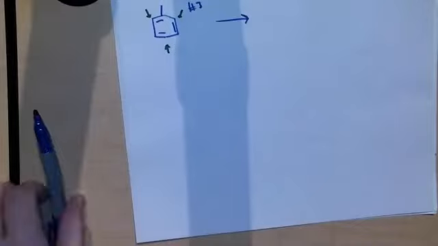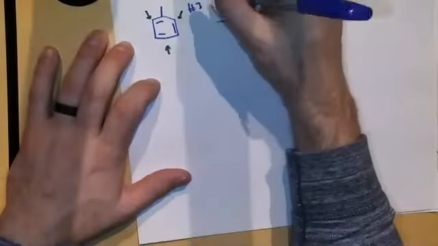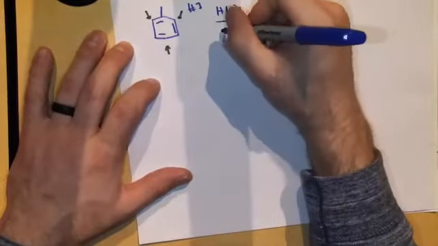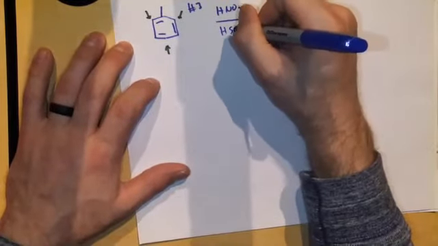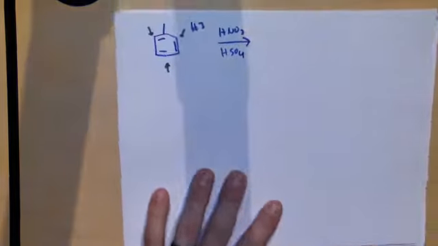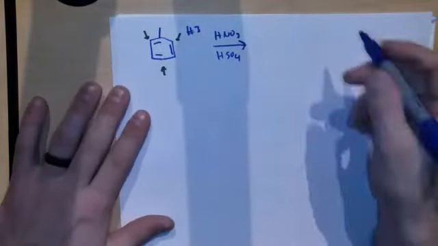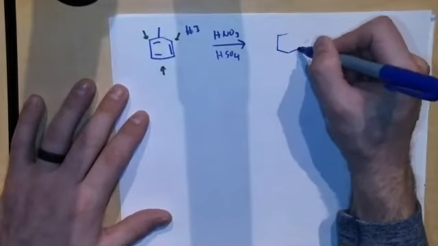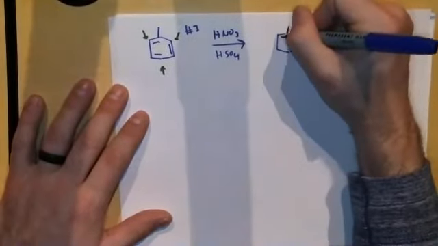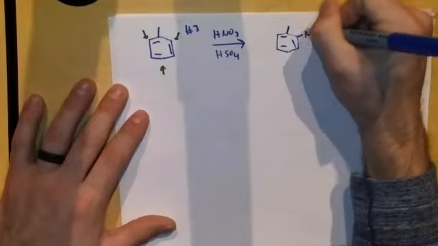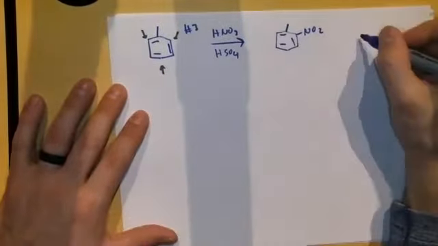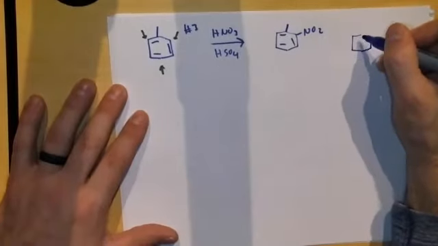If we throw in nitric acid, which is HNO3, as well as H2SO4 again, in this case, we're going to nitrosylate. And I'm going to show you what the products are first, and then we're going to go through how to do it. They're going to be adding NO2. This is an ortho-para director, so you can either add to an ortho or a para position.